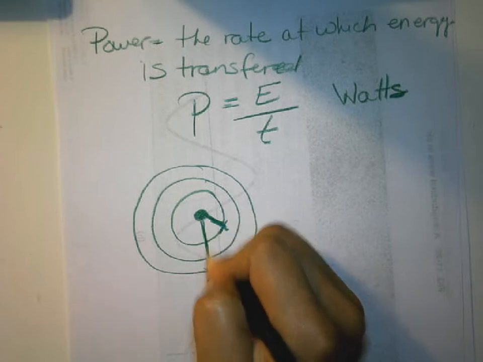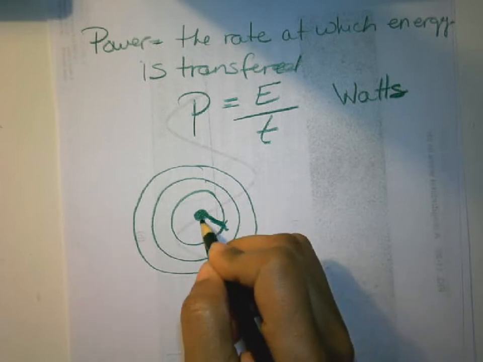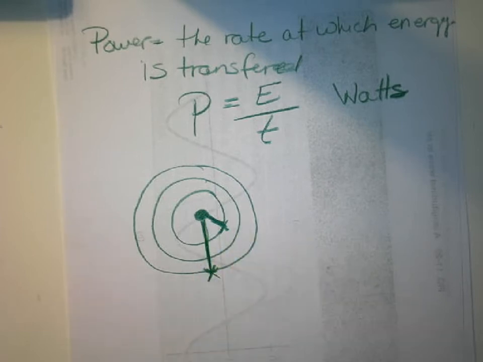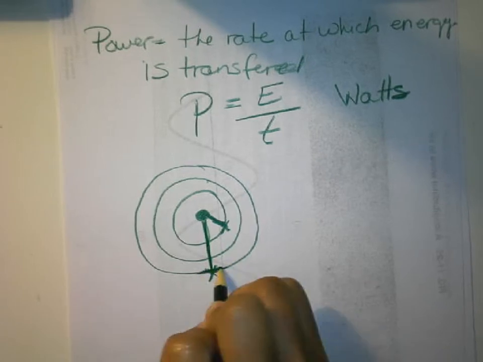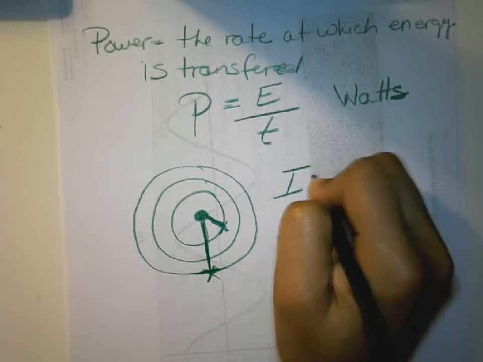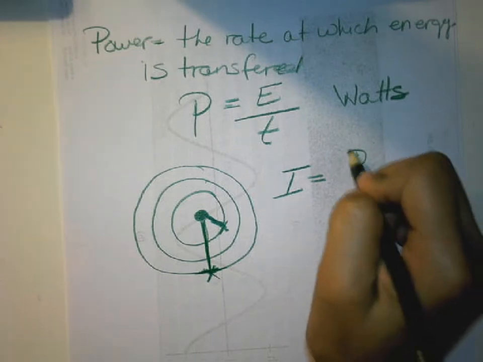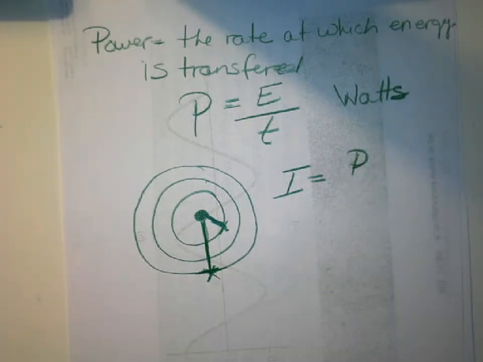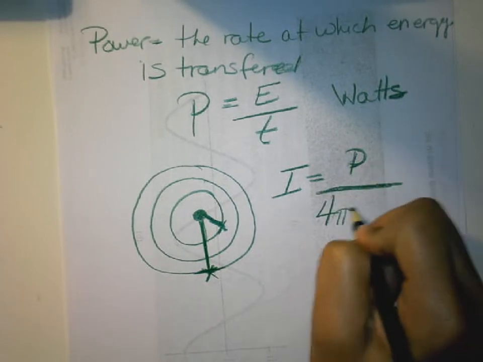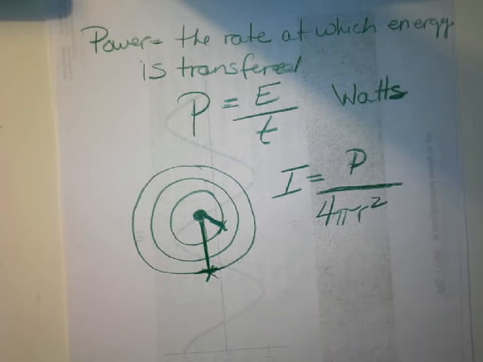So I'm going to get a lot of that energy. And this student is going to get not quite as much because the area in which the sound travels is a lot larger. And so power, when we take a look at intensity, we have to look at the surface area. It's how much energy is traveling through the surface area where my observer is standing. So I is equal to the amount of power, and since power is transferred out in a sphere, we have to look at the sphere, how big that sphere is at the location of where the observer is.